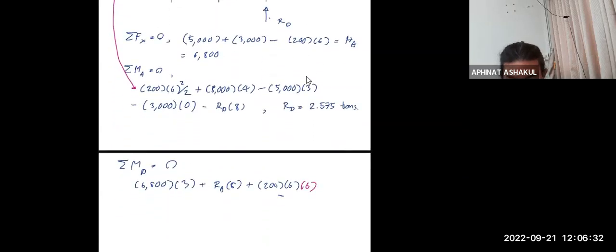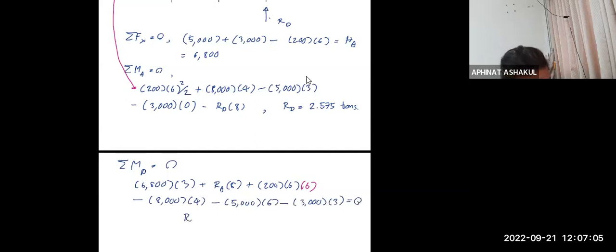So that becomes a negative 8,000. This is the vertical one multiplied by 4, minus 5,000 multiplied by 6, minus 3,000 multiplied by 3, equal to 0.